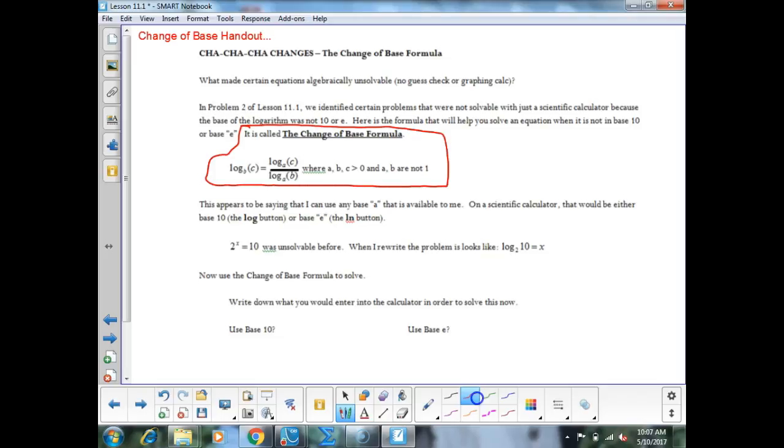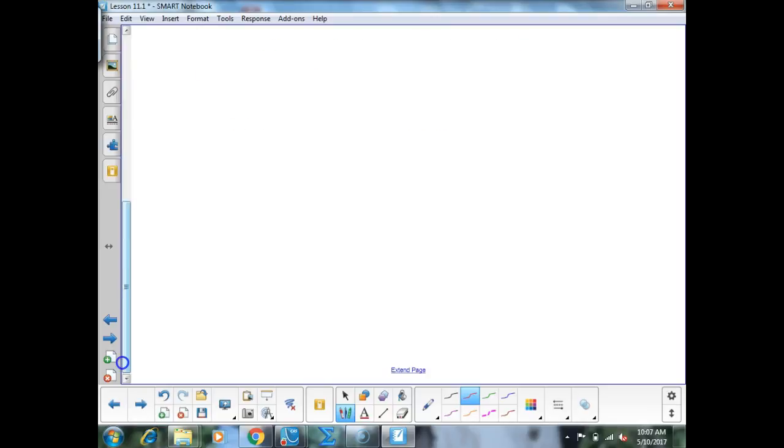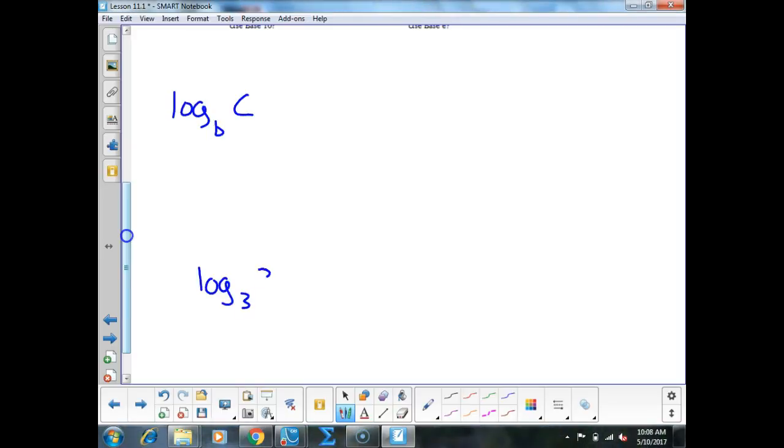Okay? So, how the change of base formula works is we take log base B of C. For instance, in a little bit, we're going to figure out log base 3 of 33, that problem that we did yesterday that we started with estimating.